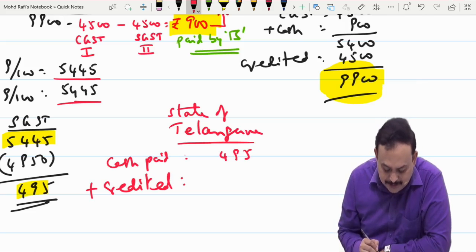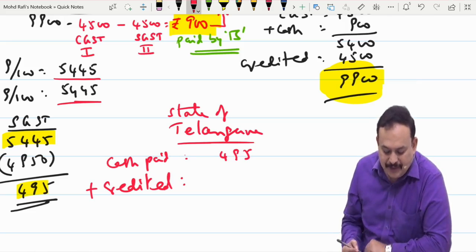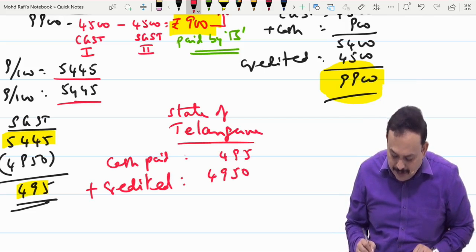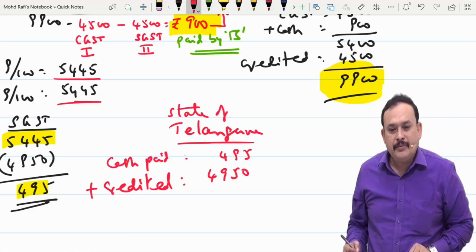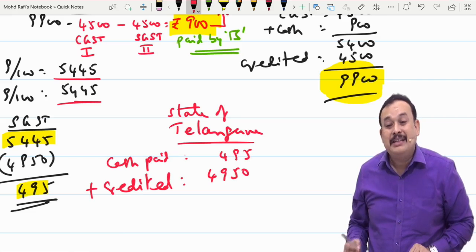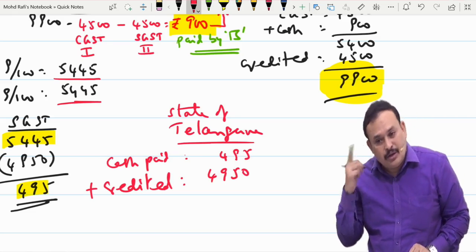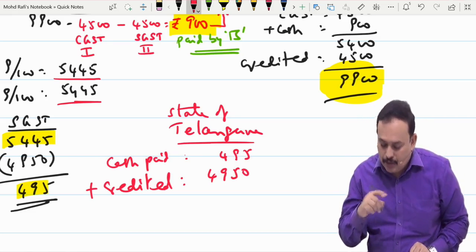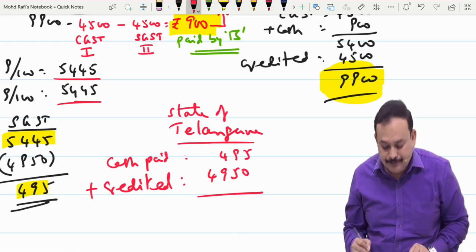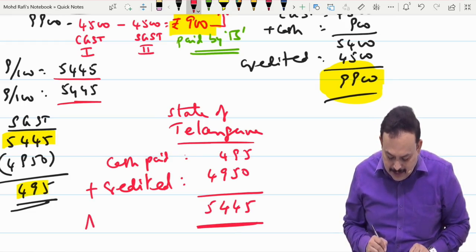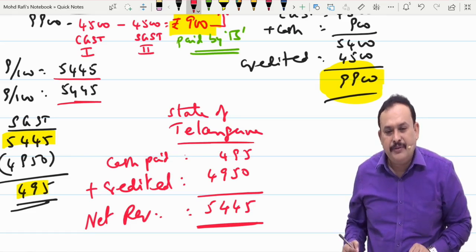How much shortfall for them? 4,950. I will be debiting the central government and crediting to your state government. Thereby how much does it come to? 5,445 is the net revenue to the State of Telangana.